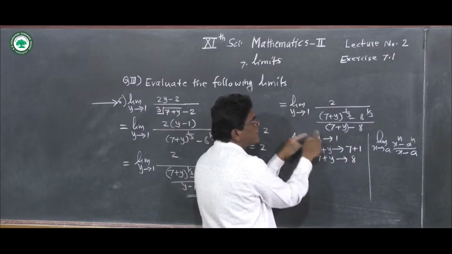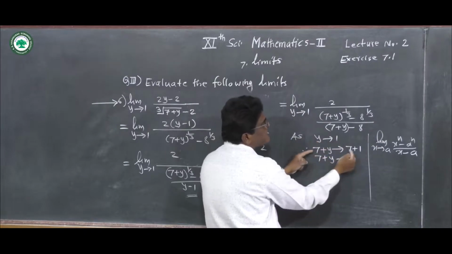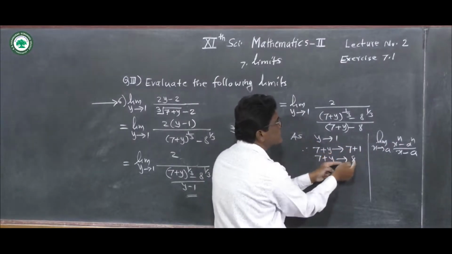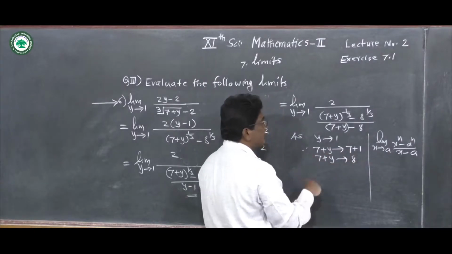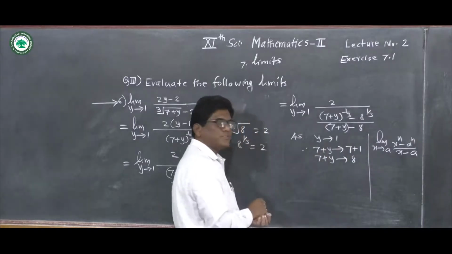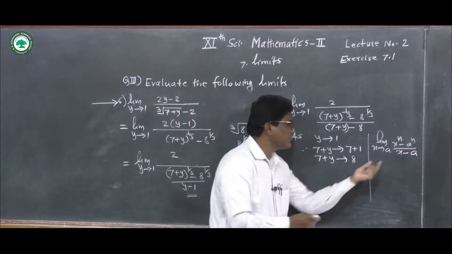Now as y tends to 1, we add 7 on both sides, so 7 plus y tends to 8. So y tends to 1 is the same as 7 plus y tends to 8, and therefore we use this formula.